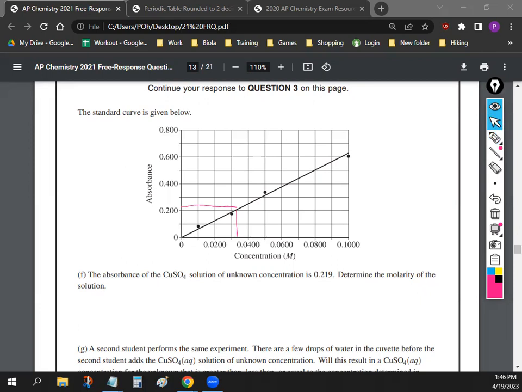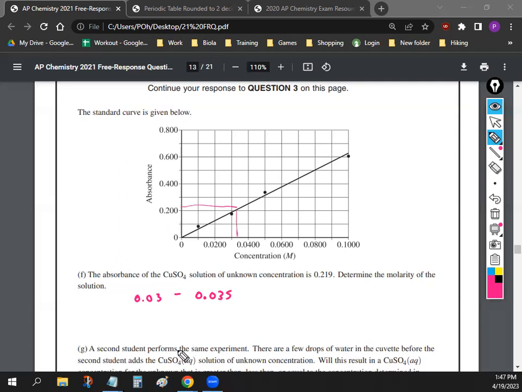0.0332. The exact range that they give is anywhere. It doesn't even give you a range. As long as you're around 0.035, you're good. So about half. So I'm going to assume anything from 0.03 to 0.035 should be fine.